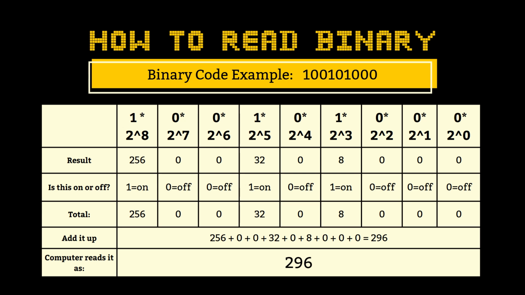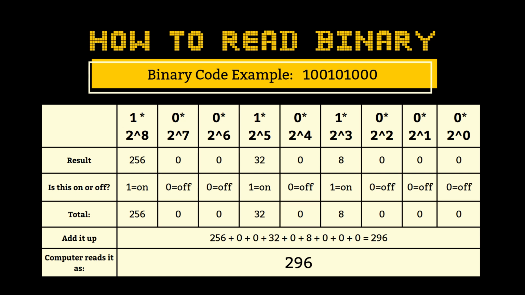Each remainder, the 0 or the 1, represents a digit in the binary number. The rightmost digit corresponds to 2 to the 0th power, the units place. The next digit, 2 to the power of 1, then 2 to the power of 2, and so on.